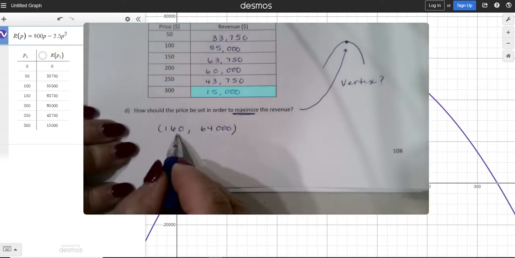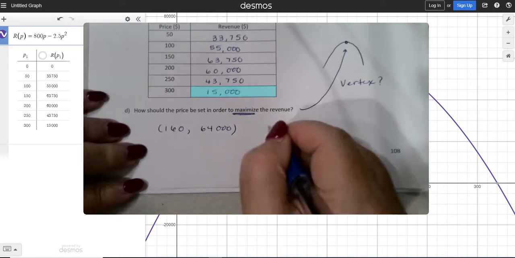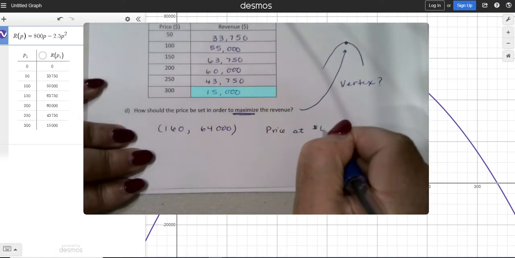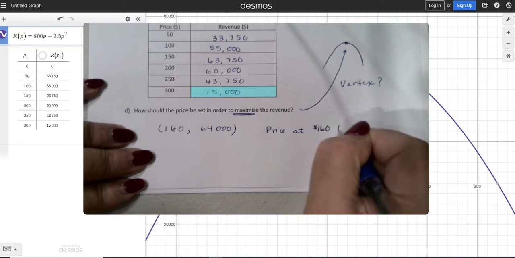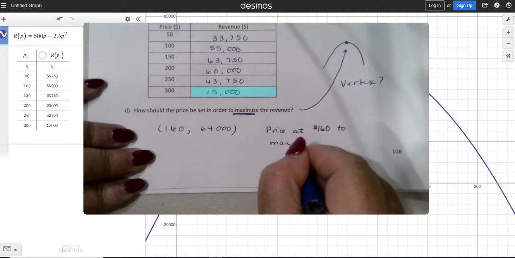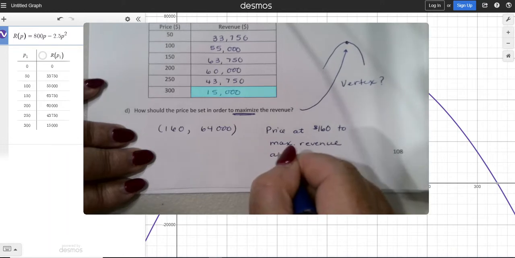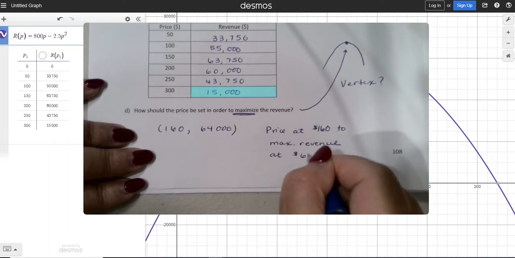And so we should set the price at $160 to maximize revenue at $64,000.